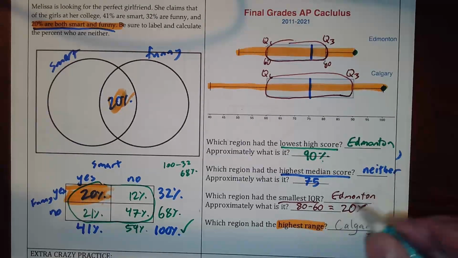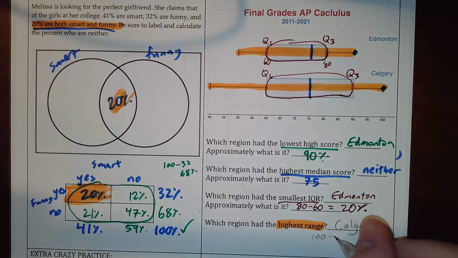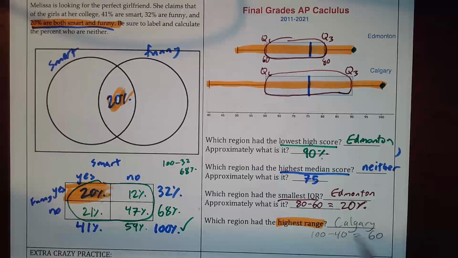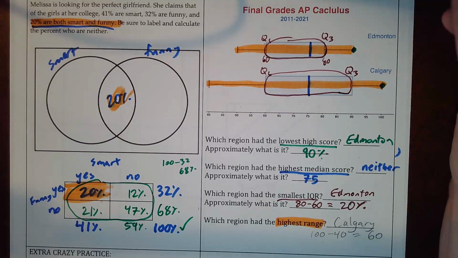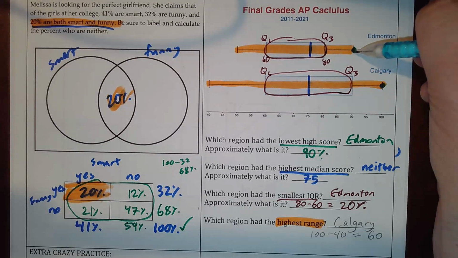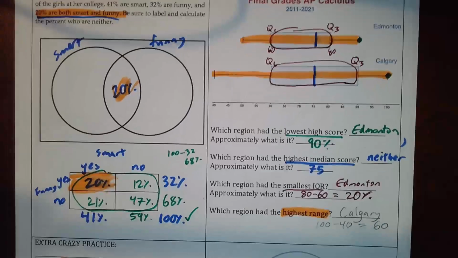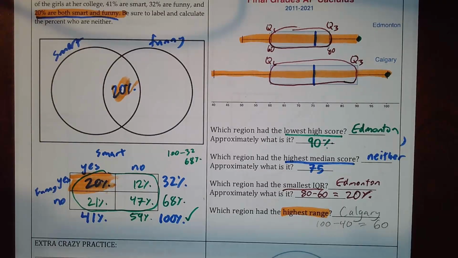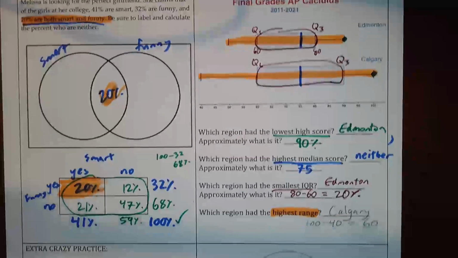Calgary had a range of about, let's say 100 is their maximum, 40 is their minimum. So they had a range of 60%, 100 minus 40, while the other region had a lot less range. So that finishes up number 10.